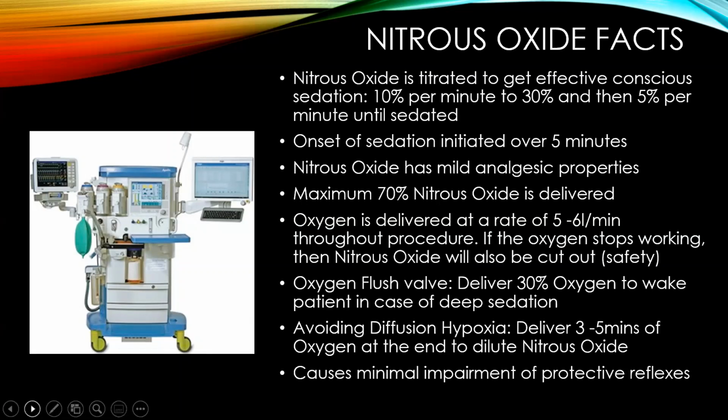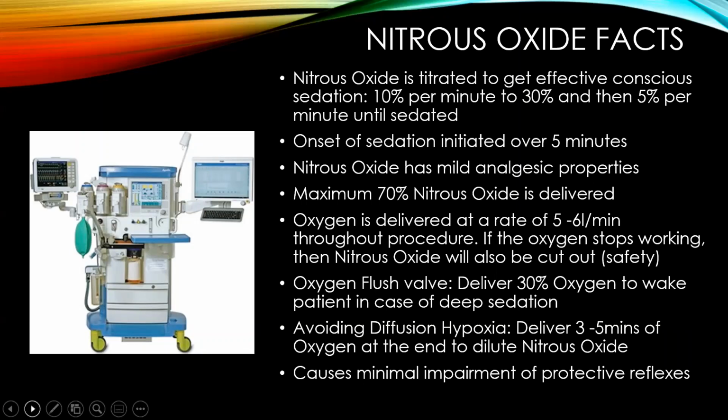Oxygen is delivered at a rate of 5 to 6 litres per minute throughout the procedure. One safety feature of the inhalation sedation machine is the oxygen failsafe, whereby once the oxygen stops working, the nitrous oxide will also be cut out. The oxygen flush valve is also important to deliver 30% of oxygen per second when the patient undergoes deep sedation or in an emergency to wake up the patient.